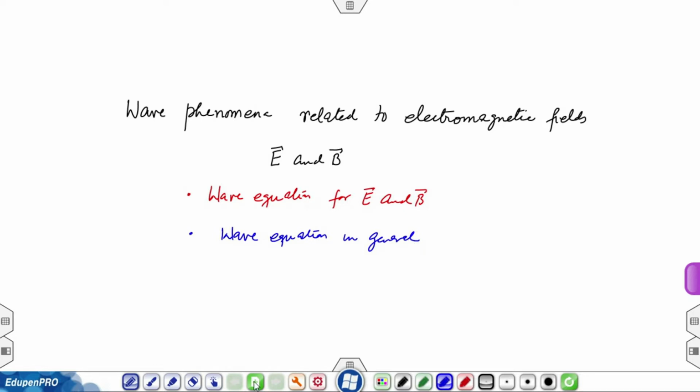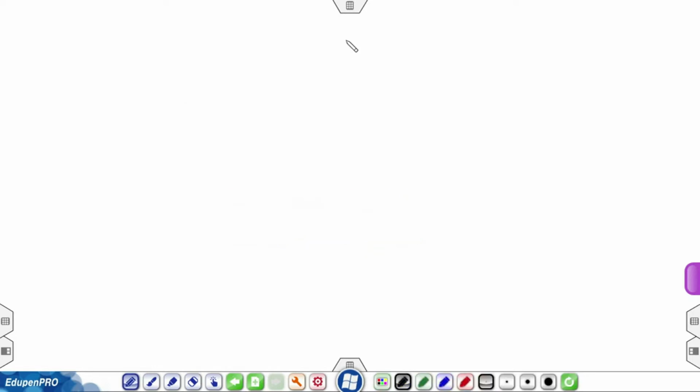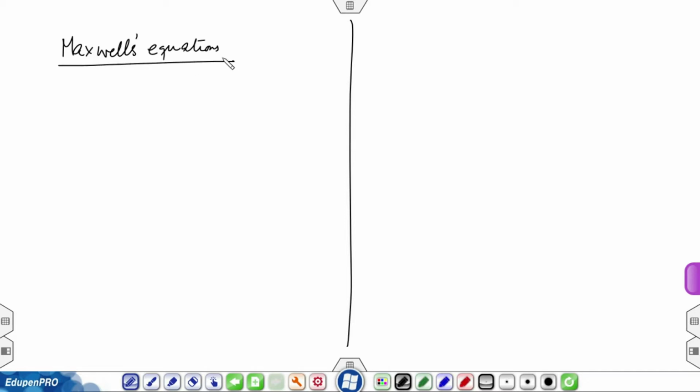So, to start with, for EM phenomena, we always have these Maxwell's equations, and now we are going to write this for without sources.